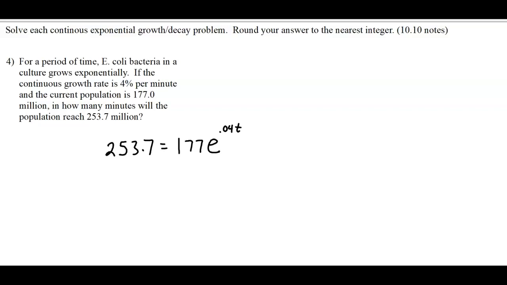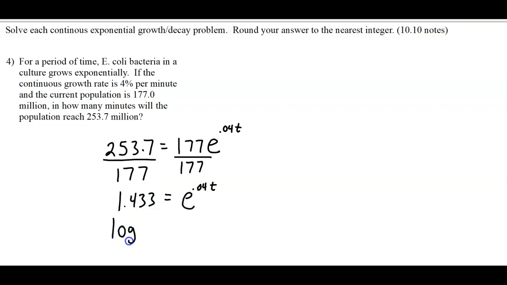So the first thing we'll do is we'll divide both sides by 177. And I end up getting 1.433.